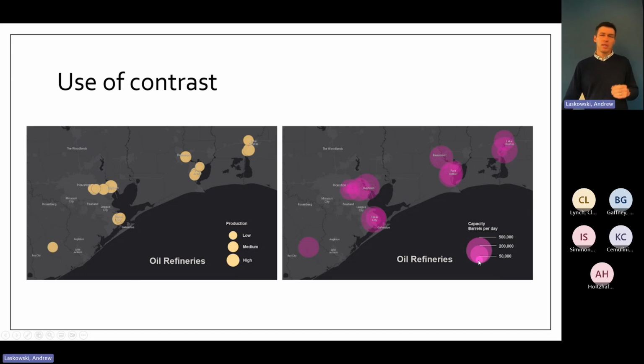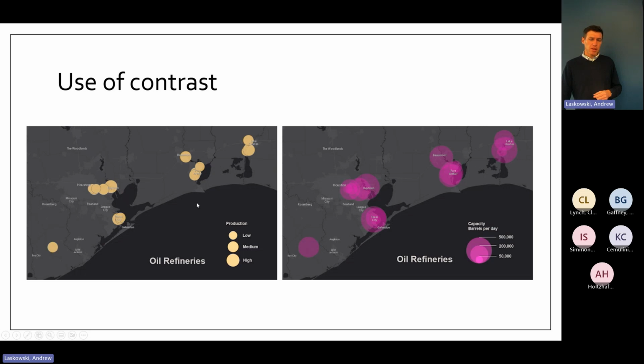Basically, it means that the size of the symbol tells us about the attribute value. So if we have a symbol that's that smallest size there, it's 50,000 barrels per day of oil refining capacity. And 10x that is 500,000. That's the largest symbol here. Anything outside of that range would just appear as either the maximum or minimum. So you want to set your range to encompass your entire data set.